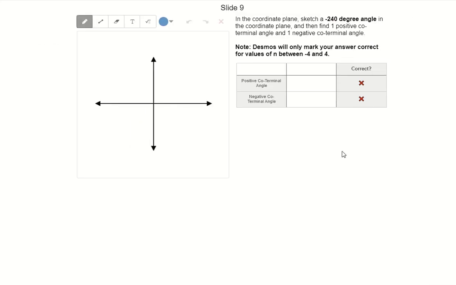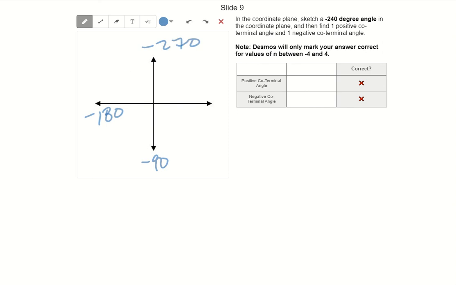Okay, number 9. In the coordinate plane, sketch a negative 240 degree angle, and then find one positive coterminal. Okay, so it's the same thing, but with negative 240. This is negative 90, and then this would be negative 180. This is negative 270. So that means we're going to be somewhere in this quadrant.